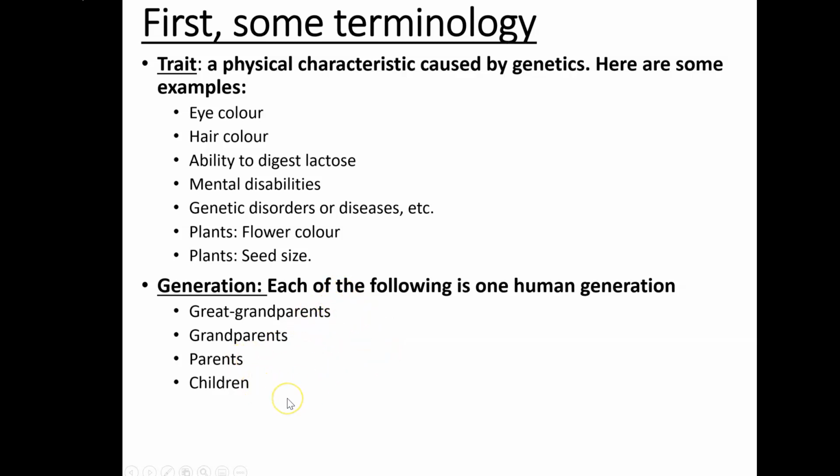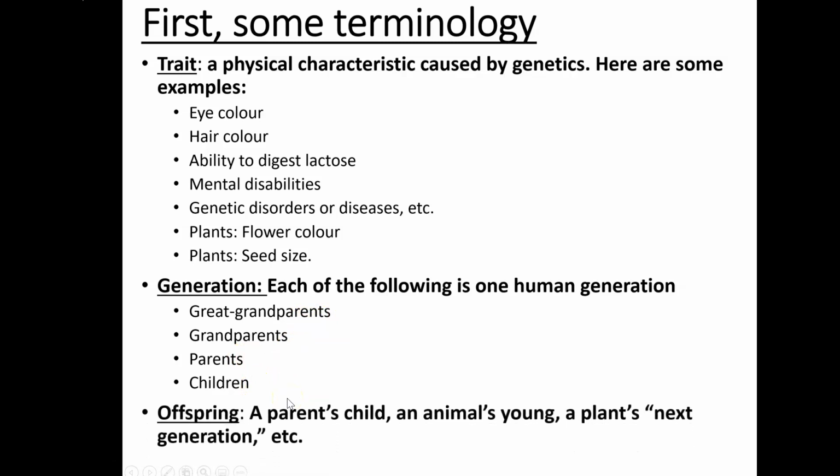So we've got 4 generations in this example. Offspring is a term used to describe, in humans, a parent's child. In other animals, it's animals' young, or in the case of plants, the next generation of plants.